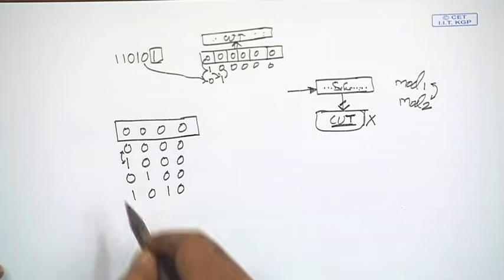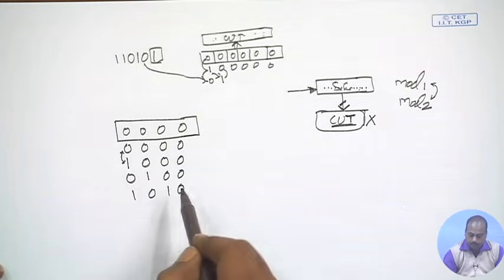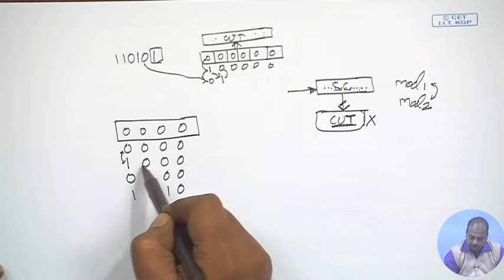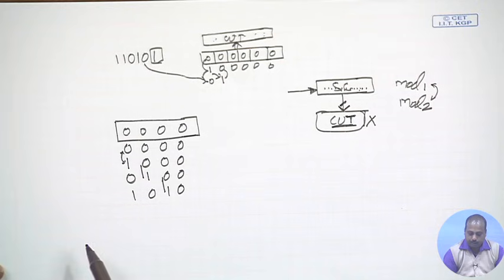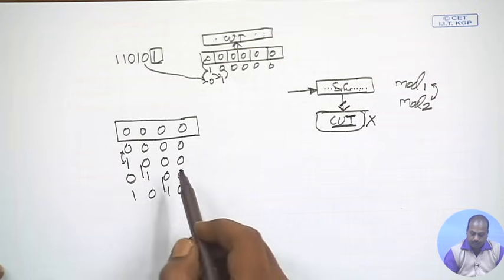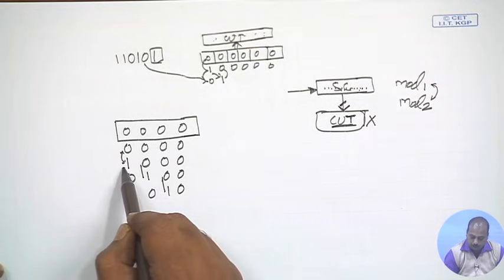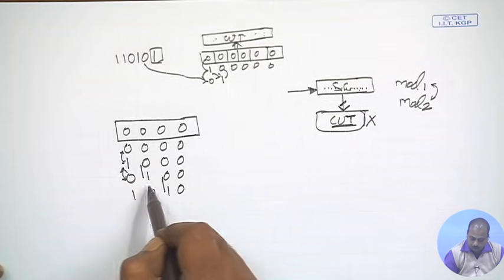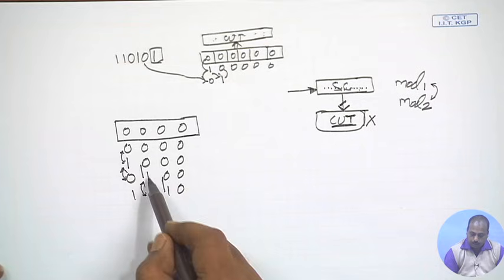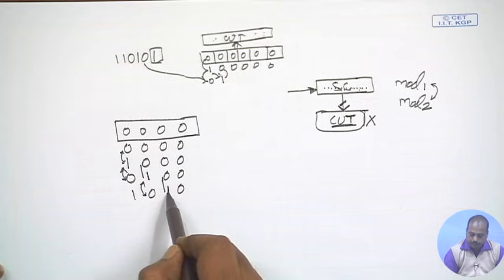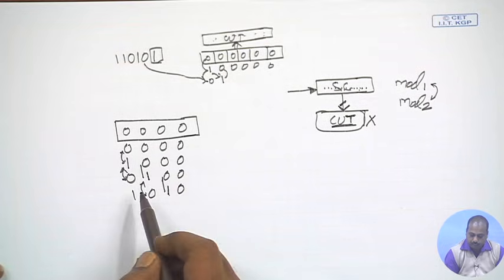How many places has this gone to? This has affected this cell, this has affected this cell. So, 3 cells have got affected, whereas the next one that we had, this 1 to 0 transition, has affected only this one. This 1 to 0 transition could not go to the next position because of the length of the scan chain.